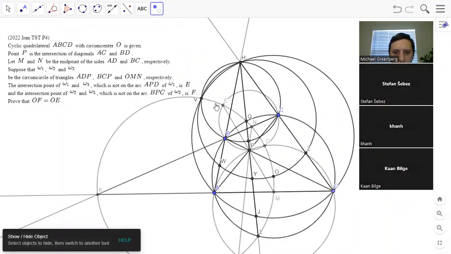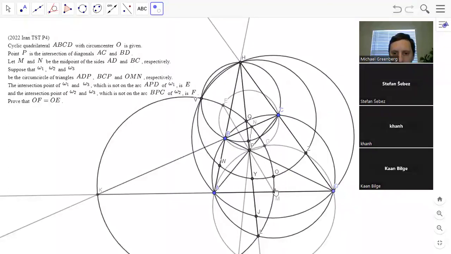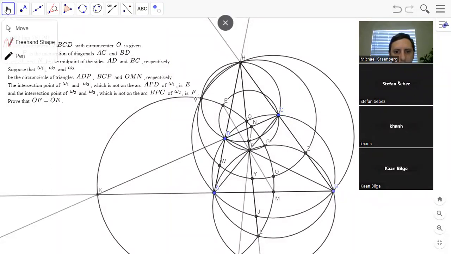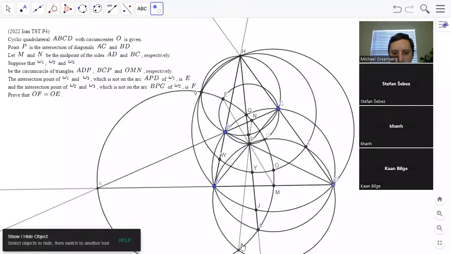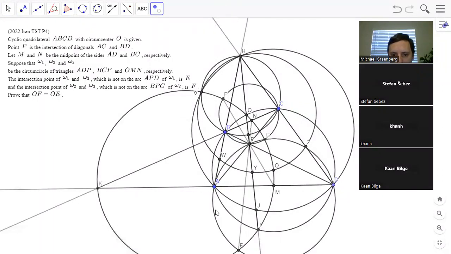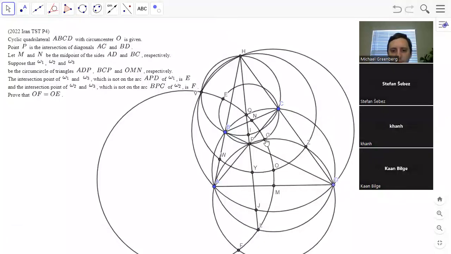Let's see, so we have this circle, M and N. Okay, and then we have this circle, E and F. That's E, F is off the screen, so I'll move it up so we can see point F. That's point F. Call that G. We don't need G.